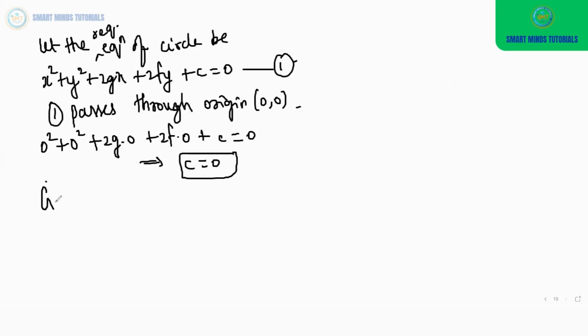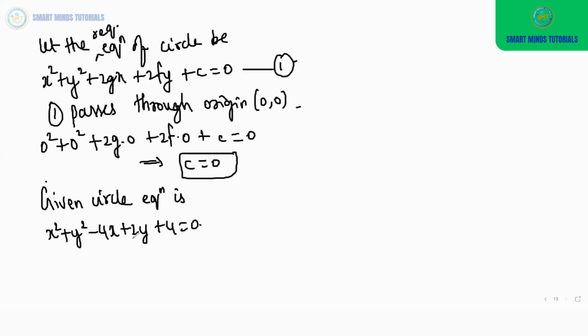Now, what is the given circle equation? Given circle equation is x square plus y square minus 4x plus 2y plus 4 is 0. Equation number 2.